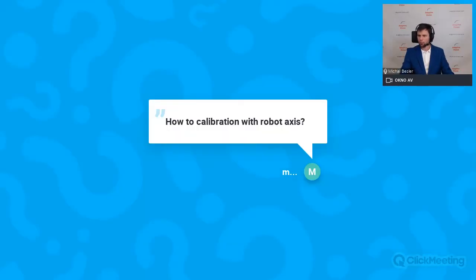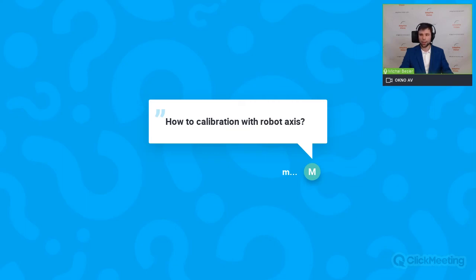How to calibrate with robot axis? Generally speaking, for the robot calibration, the first step, the image distortion calculation, is exactly the same.